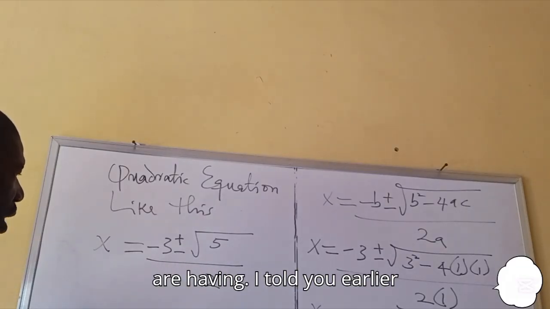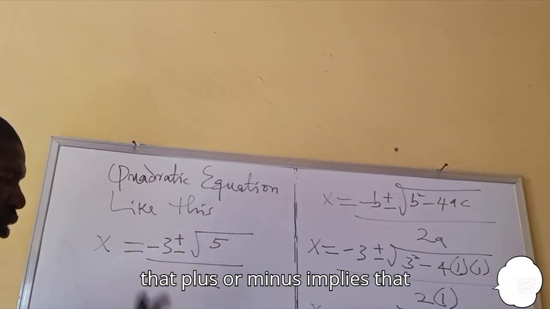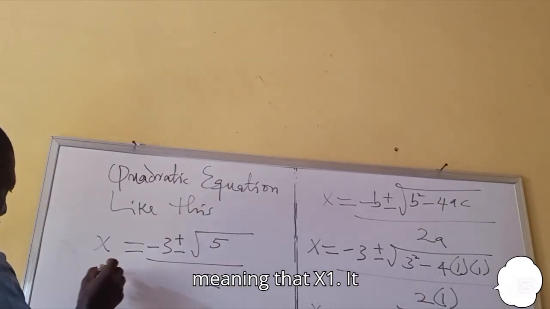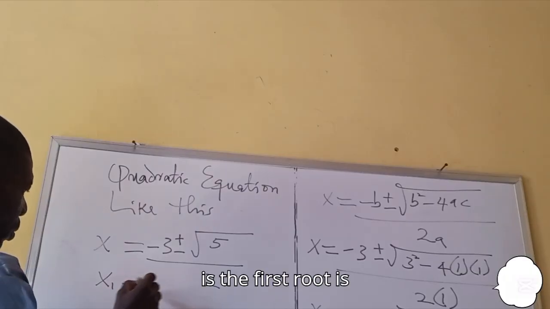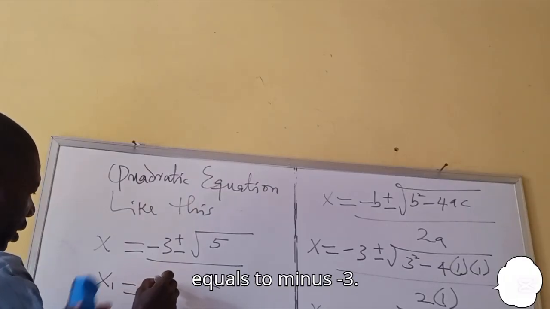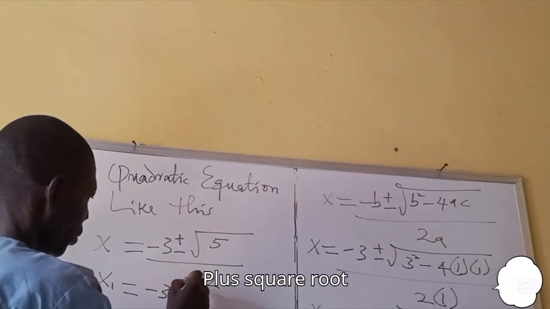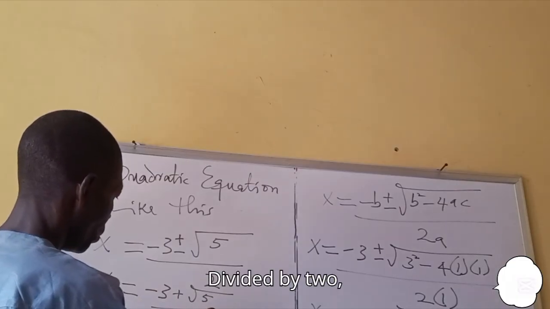I told you earlier that plus or minus implies that we are having two different answers. Meaning that x1, the first root, is equal to negative 3 plus square root 5 divided by 2.